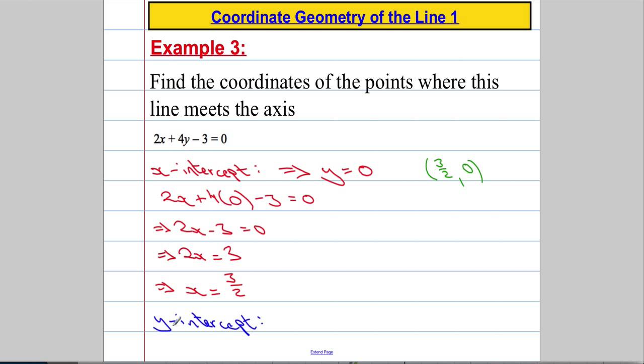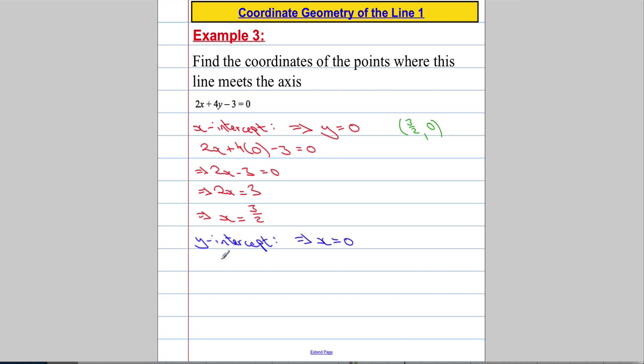And remember, at the y-intercept, on the y-axis, the x-coordinate is equal to 0. So we end up with 2 times 0 plus 4 times y, subtract 3 must be equal to 0, which means that 4y subtract 3 equals 0.